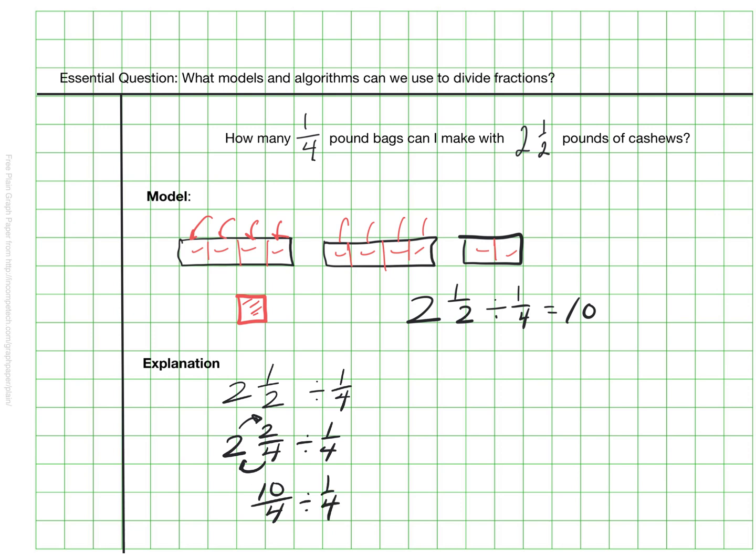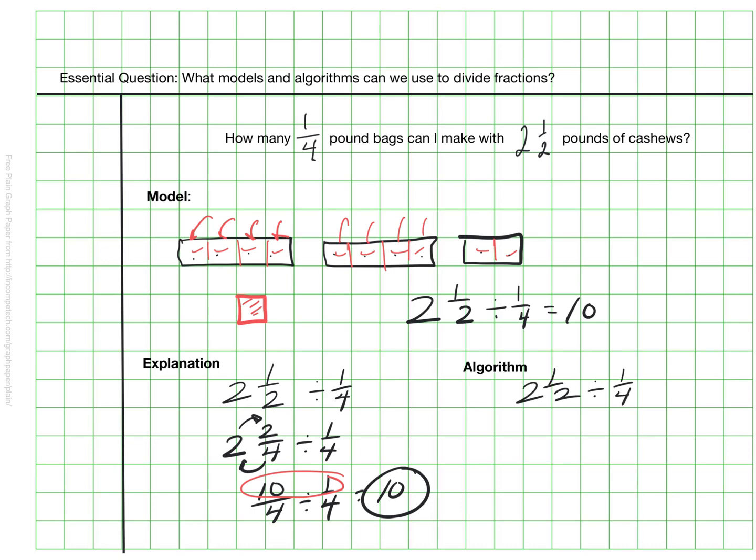And I'm taking my 10/4, which you can see in my model, 1, 2, 3, 4, 5, 6, 7, 8, 9, 10 of those fourths, and I'm separating it into 1/4 at a time. So when I look at my numerators, 10 divided by 1 is 10. I can make 10 bags that have 1/4 of a pound each.